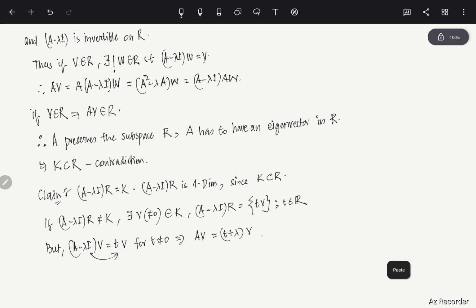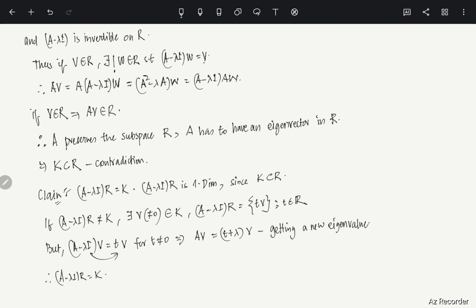And then you are going to get a new eigenvector. You see, T plus lambda, getting a new eigenvalue, sorry, eigenvalue, which is a contradiction. Okay, now this is a contradiction, clear?